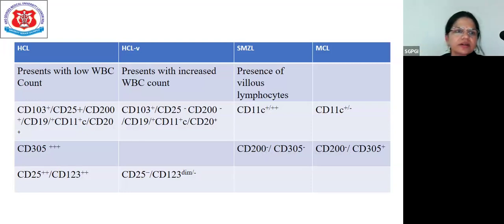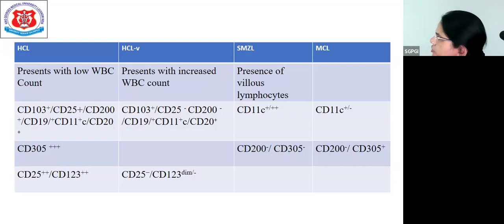Okay, so how to differentiate hairy cell leukemia from the hairy cell leukemia variant and other lymphomas which can have the villous projections on the cells, like splenic marginal zone lymphoma. Although this category of hairy cell leukemia variant has been deleted from the 5th edition, and most of the cases of this are classified into splenic lymphomas with prominent nucleoli.